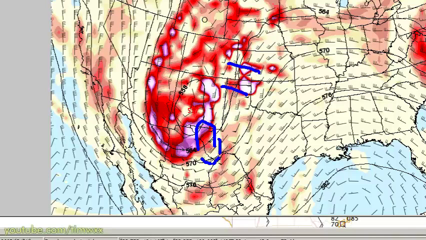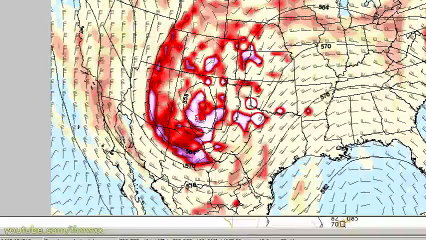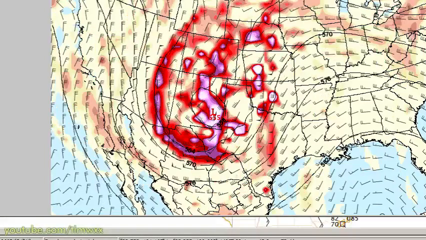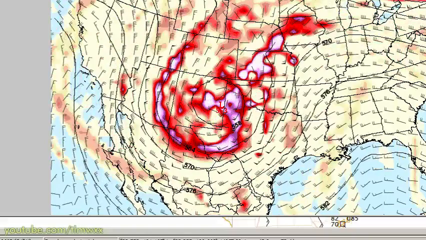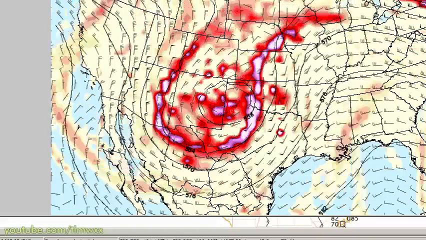We see a couple waves moving across West Texas and the Panhandles. By 0Z, it looks like a couple strong waves starting to come across that area. And then overnight, the bulk of the energy comes out into the North Texas area right there.